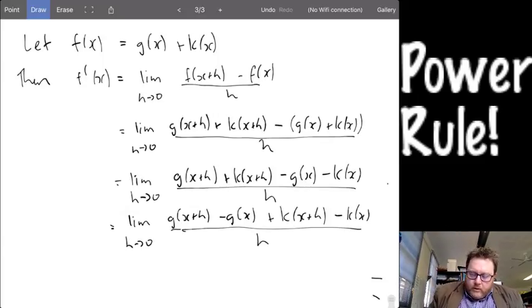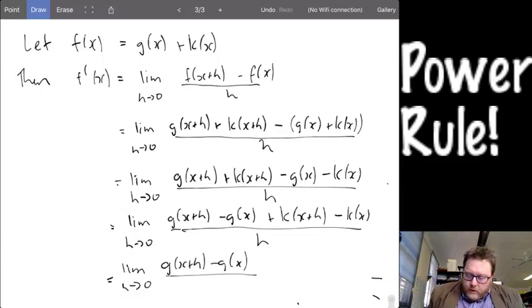And I'll just squeeze it onto the bottom here so that it's on the same line, and that's equal to the limit as h approaches 0. I'm just going to split out that fraction now. So I've got g of x plus h minus g of x all over h plus k of x plus h minus k of x all over h.